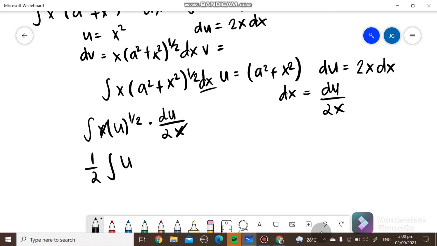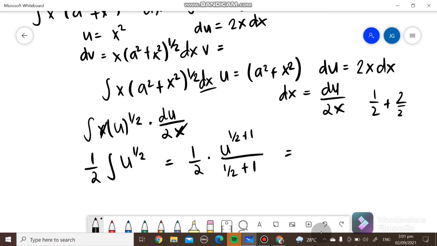And then, the integral of u raised to 1/2 is simply u raised to 1/2 plus 1 all over 1/2 plus 1. So, 1/2 plus 1, 1 or 2 over 2, is 3/2.